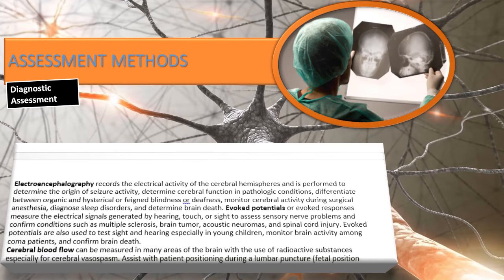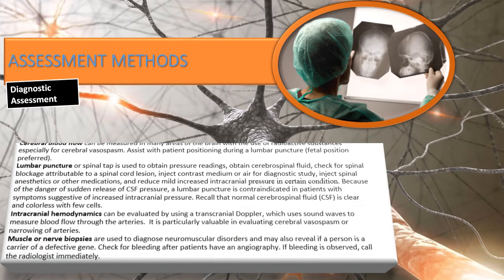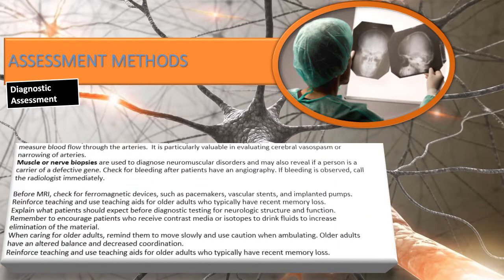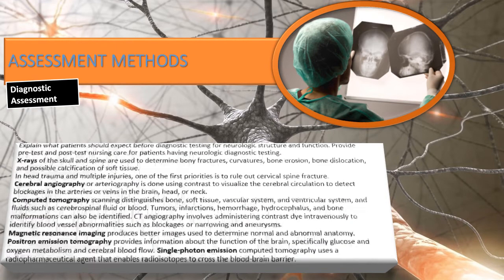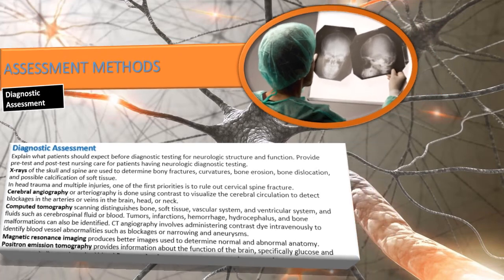They may also do an electroencephalography, a cerebral blood flow test, a lumbar puncture, intracranial hemodynamics. They may do muscle or nerve biopsies, and it's important that you're familiar with the test and explain to the patient or significant other why the patient is having that test.